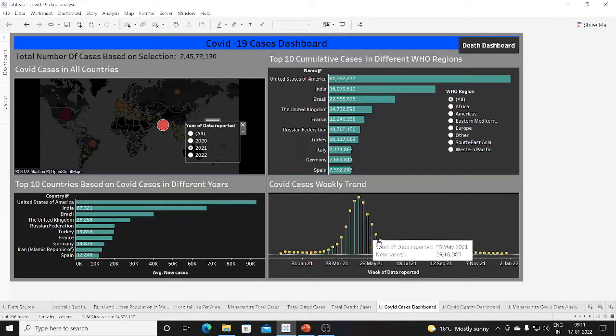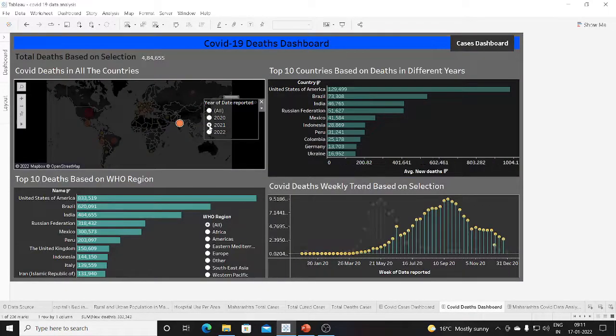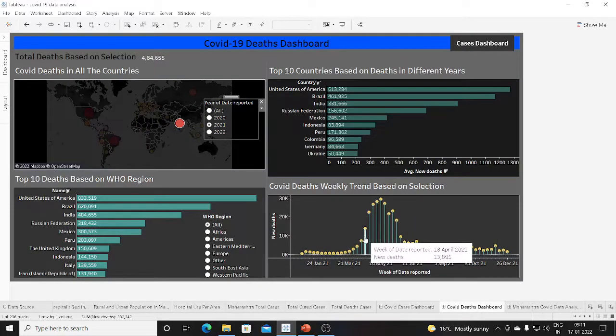There is a very small number of cases then, but up to 30th May you can easily see very high numbers of cases. And for 2020, you can easily conclude that from 18 April 2020 to 13 June there are also so many deaths, okay? So here we can easily conclude both together, right?